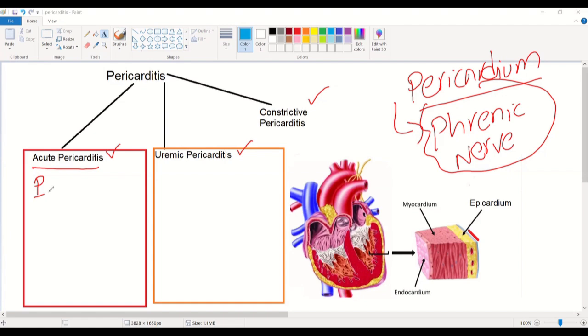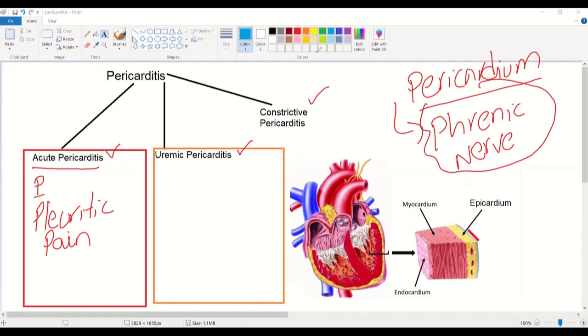Pleuritic pain is chest pain that is aggravated by inspiration and relieved by leaning forward and sitting up.